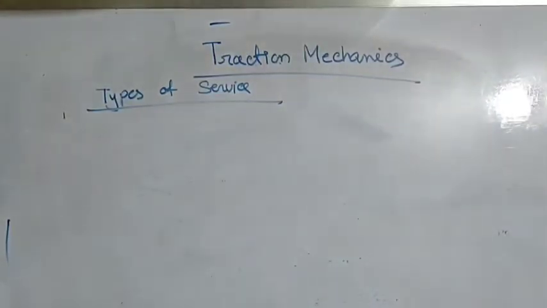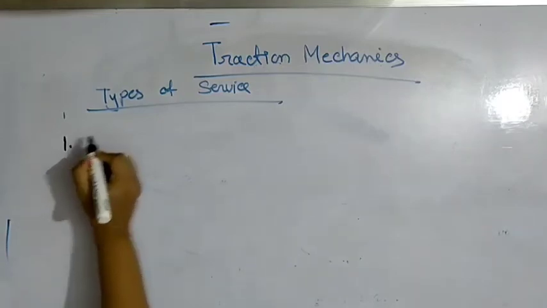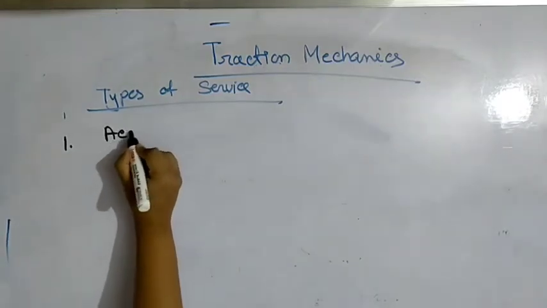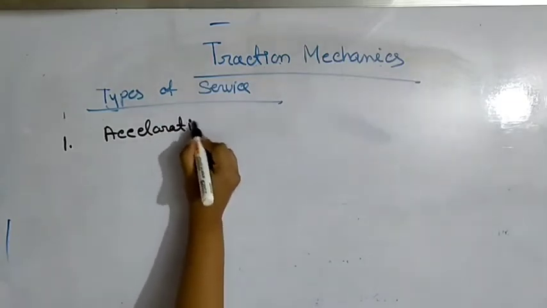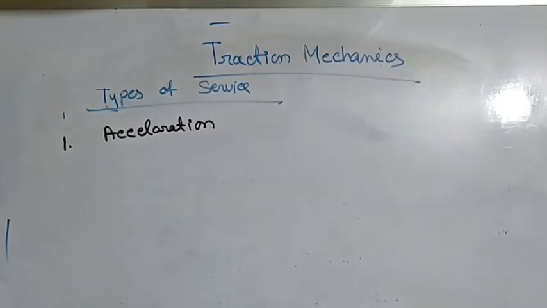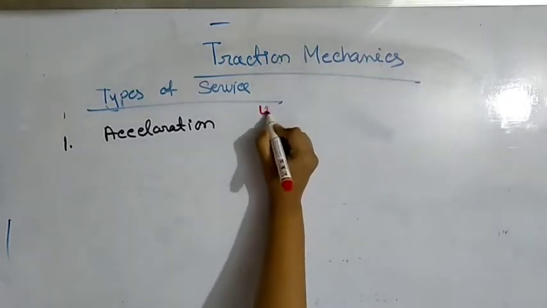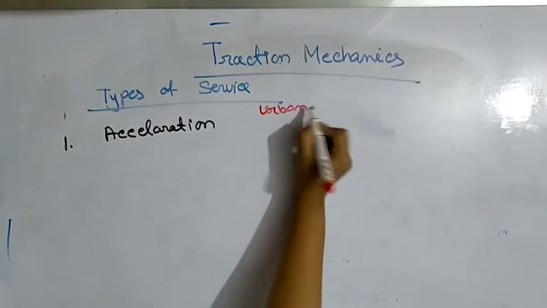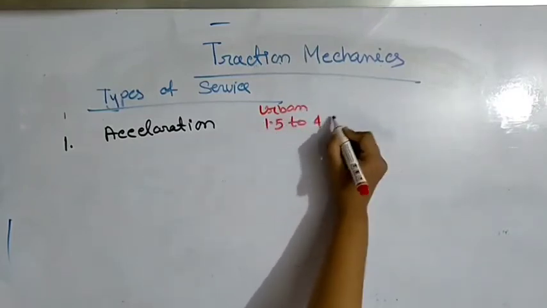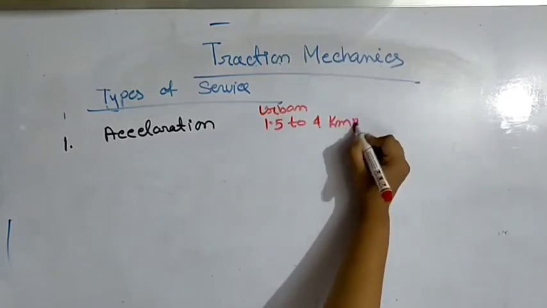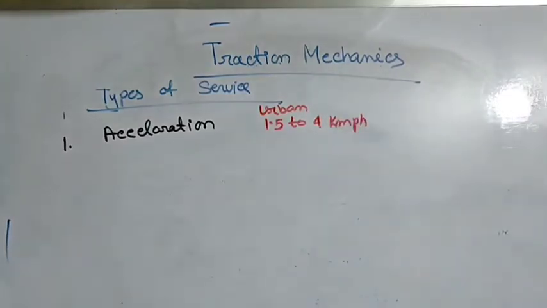So first I write down the parameters. First parameter is acceleration. Now for urban service, it is 1.5 to 4 kilometer per hour per second.